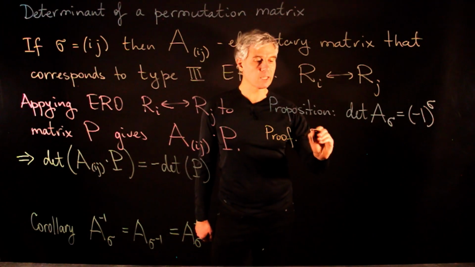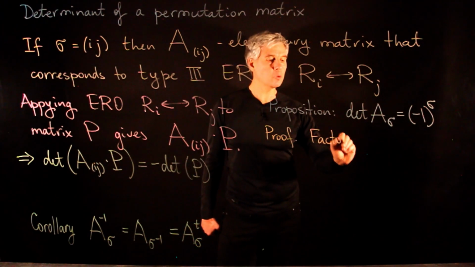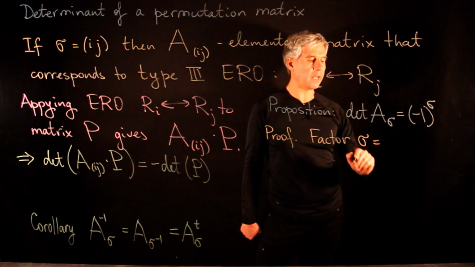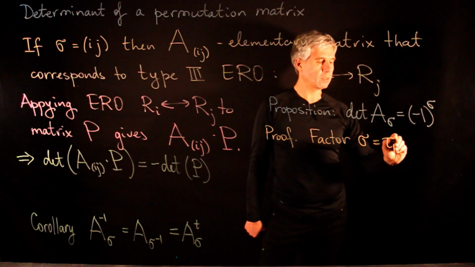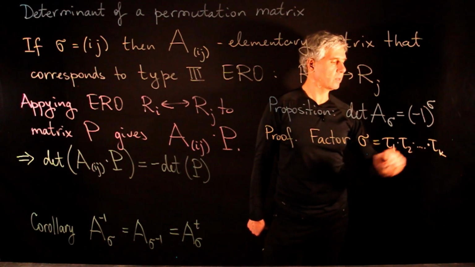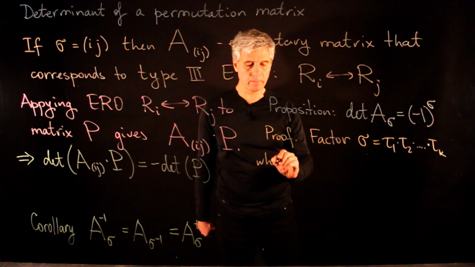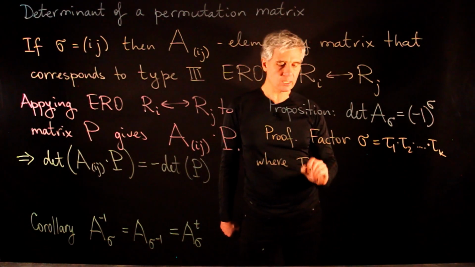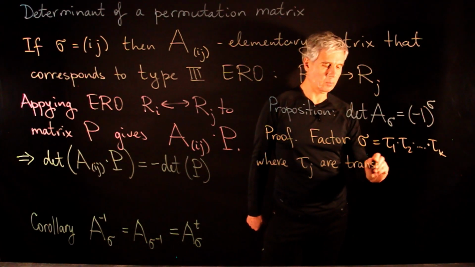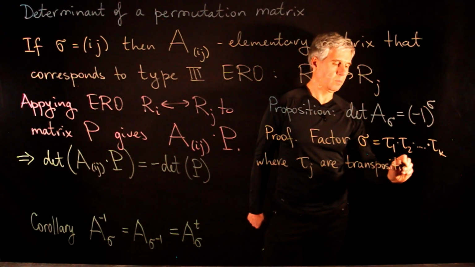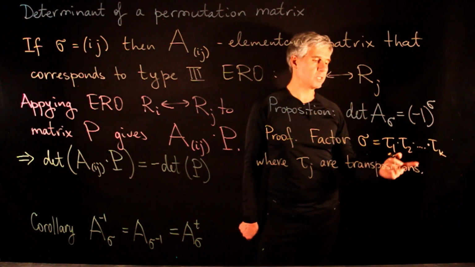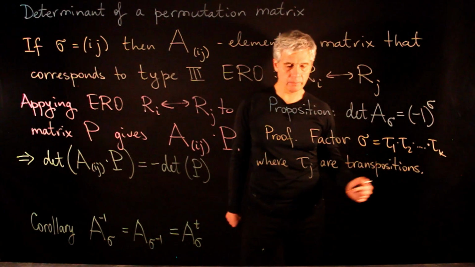We know that we can factor any permutation into a product of transpositions. So let's write sigma as tau 1 times tau 2 times ... times tau k, where these tau j's are all transpositions. We can even assume that these are adjacent transpositions, but here it doesn't matter.